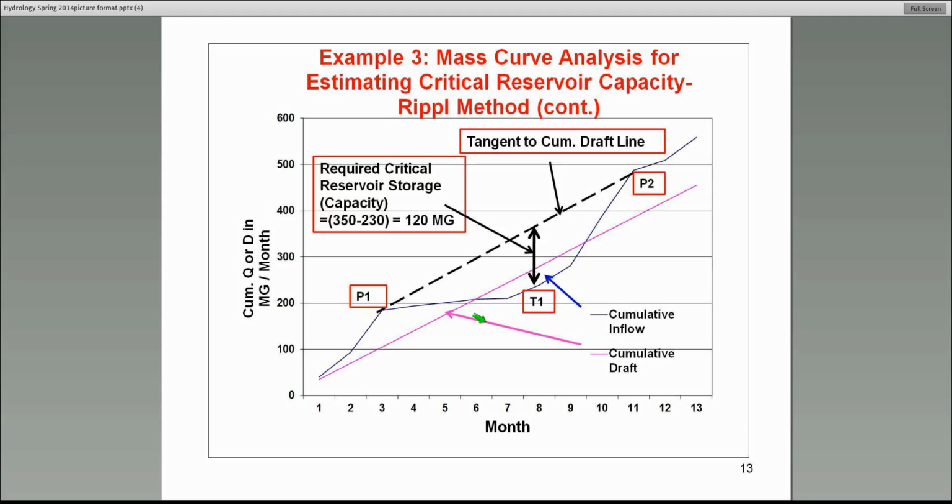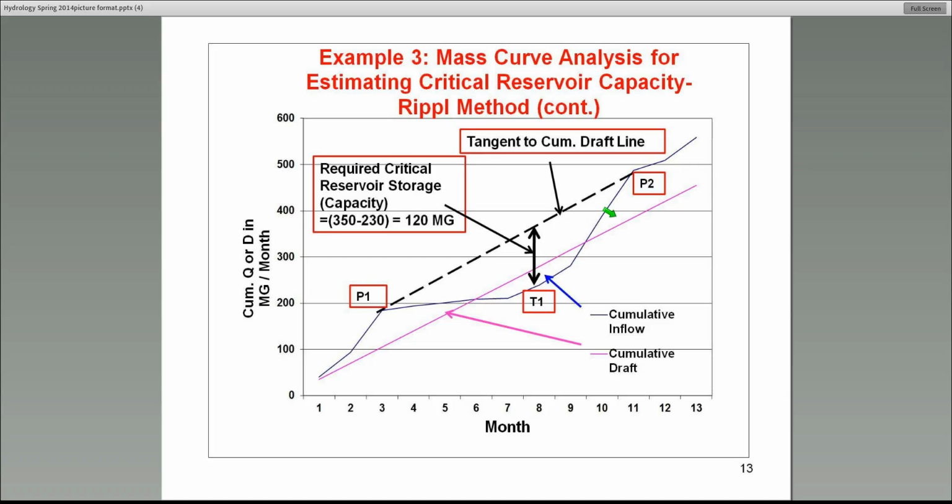First, you develop what is called a cumulative inflow curve. The blue line shown right here is the cumulative inflows coming into the reservoir in million gallons per month. The pink line that I've shown here is the cumulative draft line. In this case, the monthly draft was 35 million gallons. So if you accumulate that, you'll get a straight line, and you know the slope of that straight line, 35 million gallons per month.